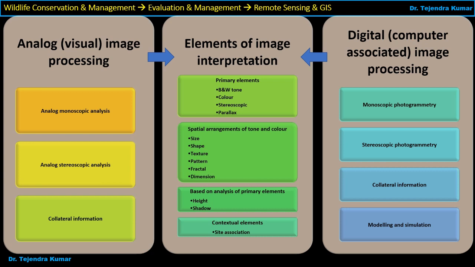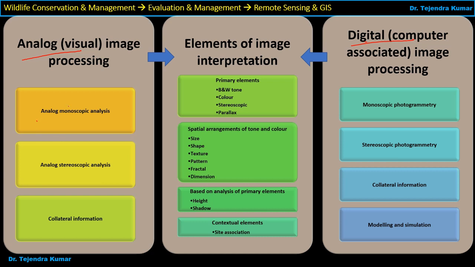Now see the analog or visual image processing, and second is the digital or computer-associated image processing, which we had seen in the previous slide, where we saw two different kinds of image processing. So we will discuss what the things are here.